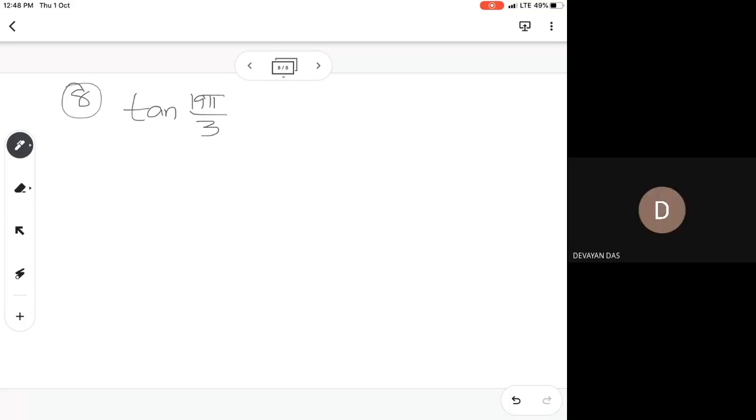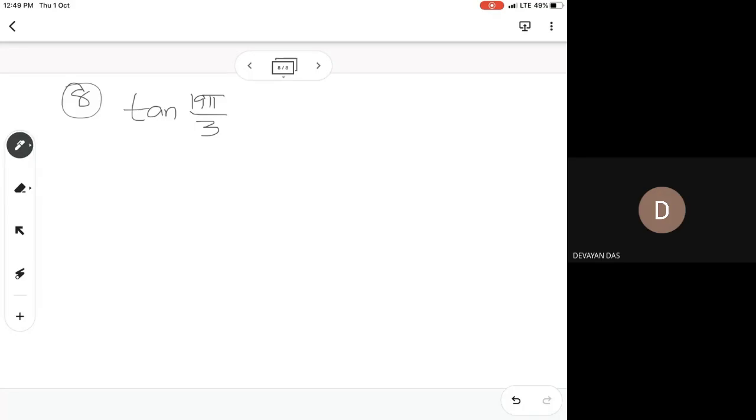Whatever trigonometric function is given to you, with 2n pi plus or minus theta, you again get the same function. That means 2 pi, 4 pi, 6 pi. So you can write this as 6 pi plus pi by 3.